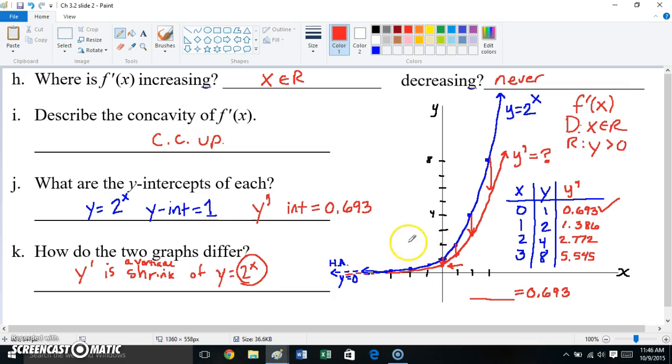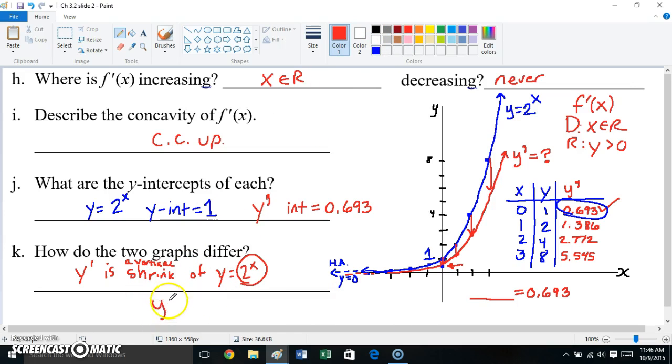Okay, well, if the y-intercept of 2 to the x is at 1, and now the y-intercept of the derivative is at 0.693, then what would you say is the scale factor?